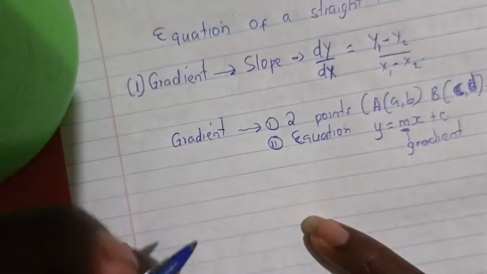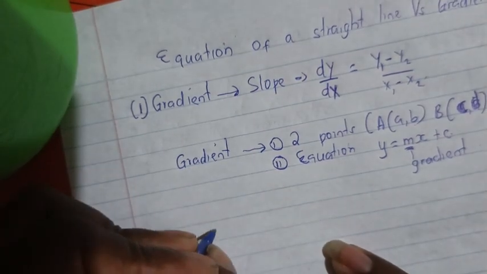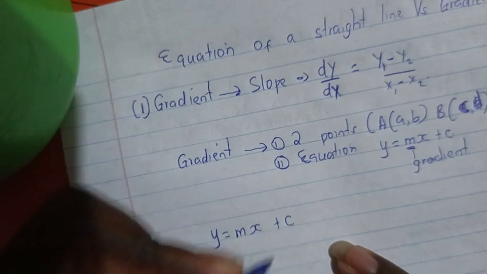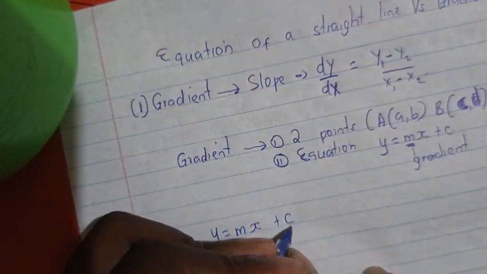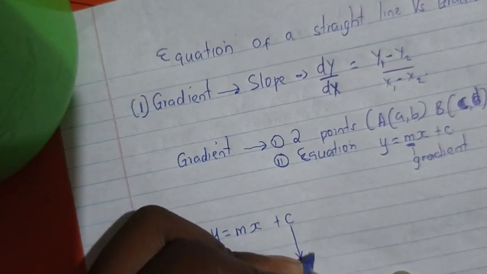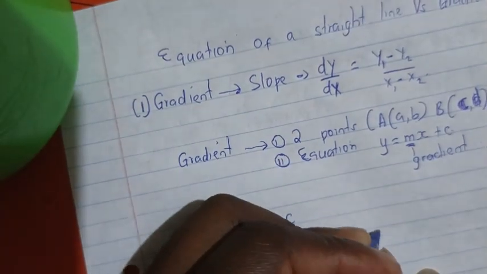That is it. Now, the equation of a straight line is given in the form y is equal to mx plus c, and here c is the y-intercept, which we shall come to.